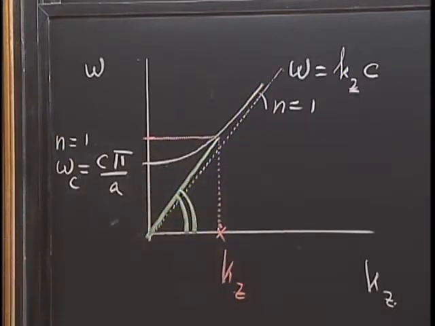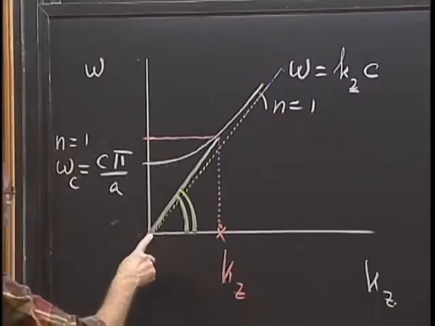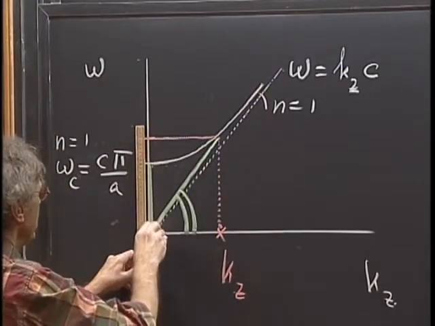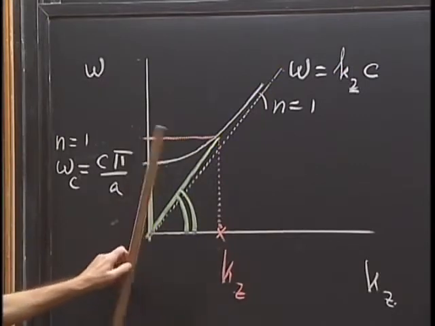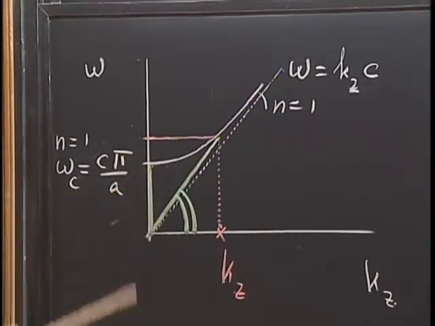Since this slope is steeper, the phase velocity is larger than c. And when kz becomes 0, then you have omega divided by kz with kz equal to 0, and so when you reach this cutoff frequency, the phase velocity goes to infinity.